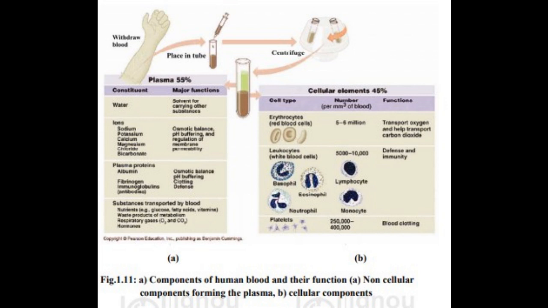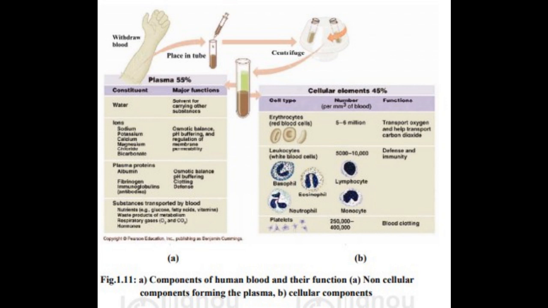WBCs function in the immune system. The total WBC count of blood in humans is 4000-11,000 per mm3. The WBCs are further subdivided, based on the presence of granules in their cytoplasm, into the following categories.